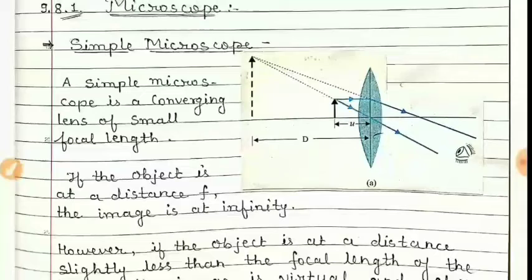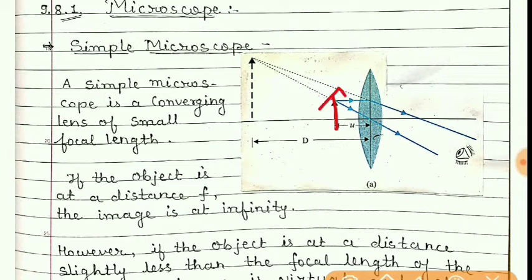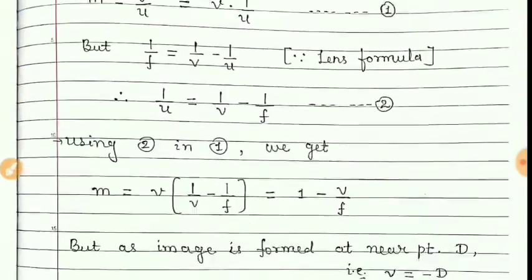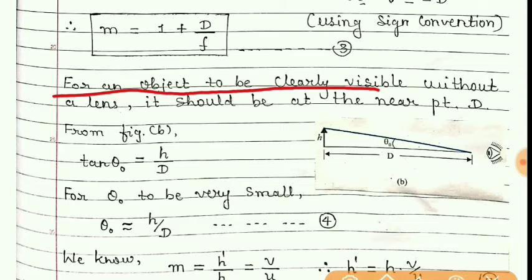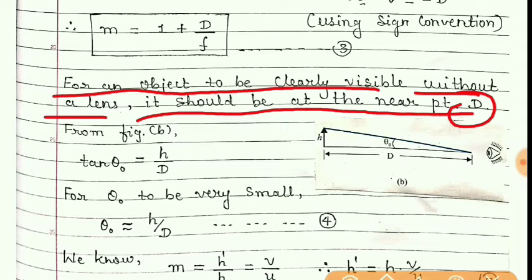Students, once again you can see here, the object is towards the left side, and the image is also towards the left side, and that's why there is a negative sign. So this image distance v is nothing but d, but negative. Now for an object to be clearly visible without a lens, that means by naked eye, it should be at the near point.